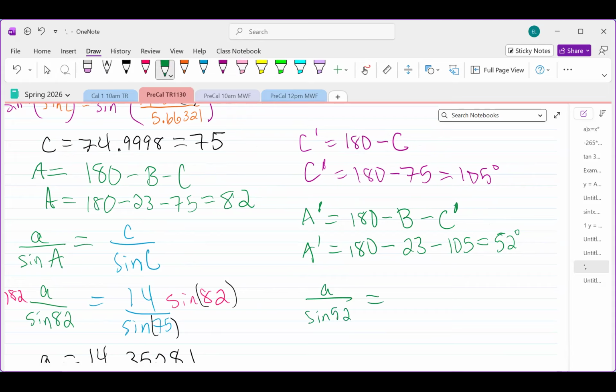And this equals side C, still 14, divided by the sine of 105 now. And then we multiply by the sine of 52.